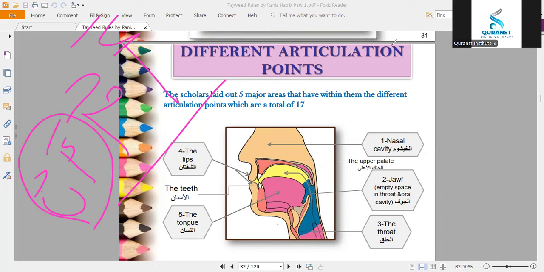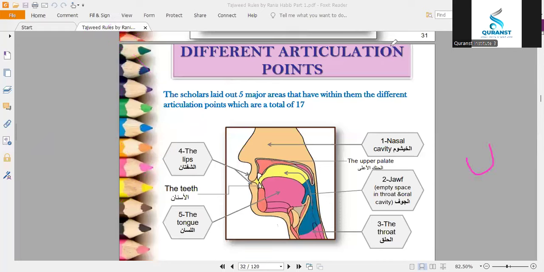So if we find noon or mim, in any case, with fatha, with kasra, with dhamma, with shadda, with tanween, noon with sukoon, or mim with these sounds, we must make ghunna.